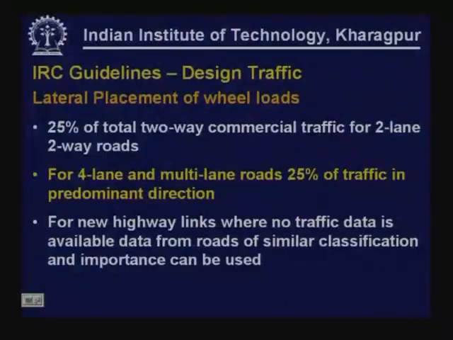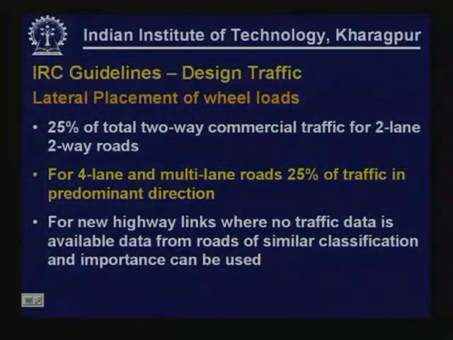Similarly, for 4-lane and multi-lane roads, consider 25% of traffic in the predominant direction. If you have multi-lane roads of 4 lanes, 6 lanes or 8 lanes, there is going to be one predominant direction, either in terms of the load it carries or the number of vehicles traveling in that direction. Once we identify the predominant direction, we take 25% of the traffic traveling in it.